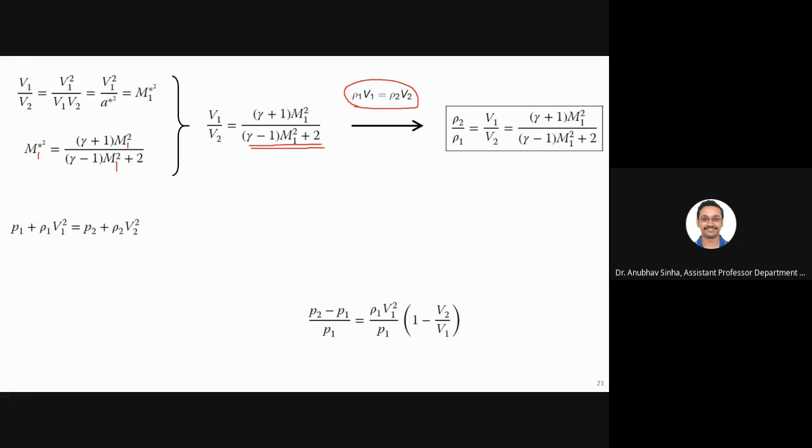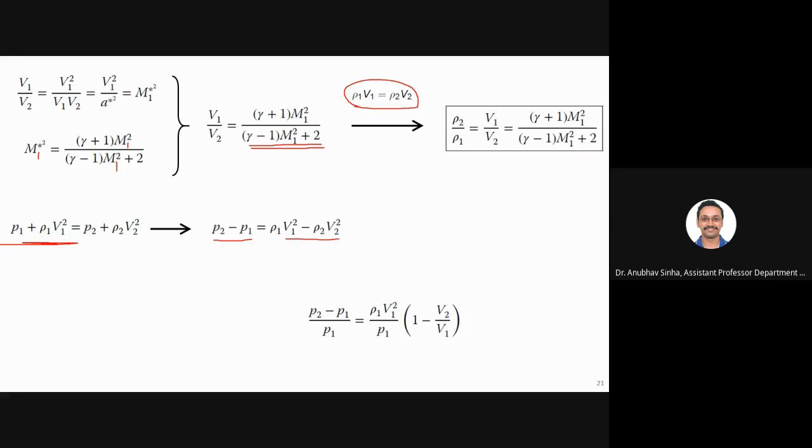Now, what is this equation for? Conservation of momentum. So conservation of momentum, I can say P plus rho V square is constant, or I can take the difference, delta P is equal to the difference in rho V square.